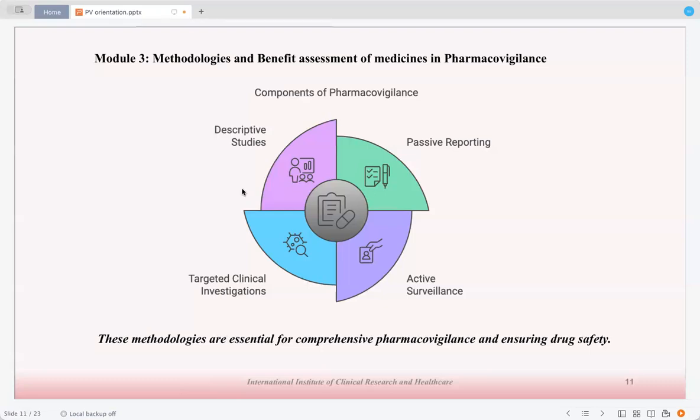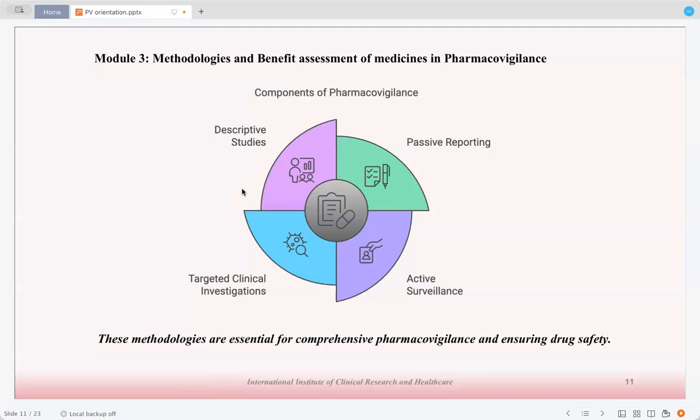Next is the descriptive studies. Descriptive studies analyze the frequency and distribution of adverse drug reactions in populations, giving insight into the incidence and pattern of drug-related events. This descriptive study serves as a preliminary step in identifying safety signals that may need further analytical and experimental investigations.